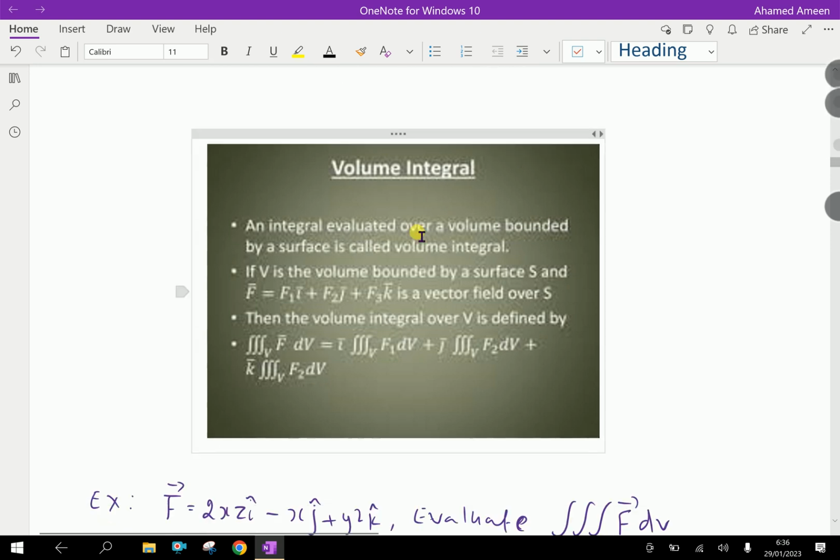What is a volume integral? An integral evaluated over a volume bounded by a surface is called a volume integral.